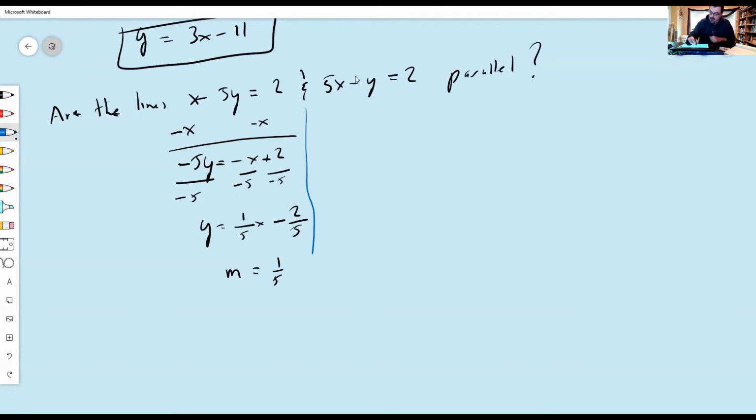Over here, solving for y, subtract 5x: minus y equals minus 5x plus 2. Get y by itself, so divide by minus 1. Y equals 5x minus 2.